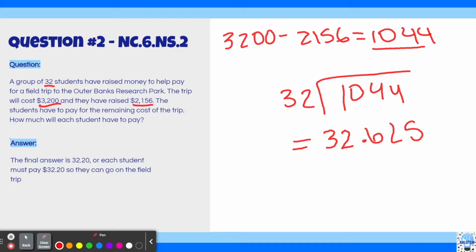Oh, okay. So this answer is wrong. My bad, guys. This answer is wrong. It is actually 32.63.